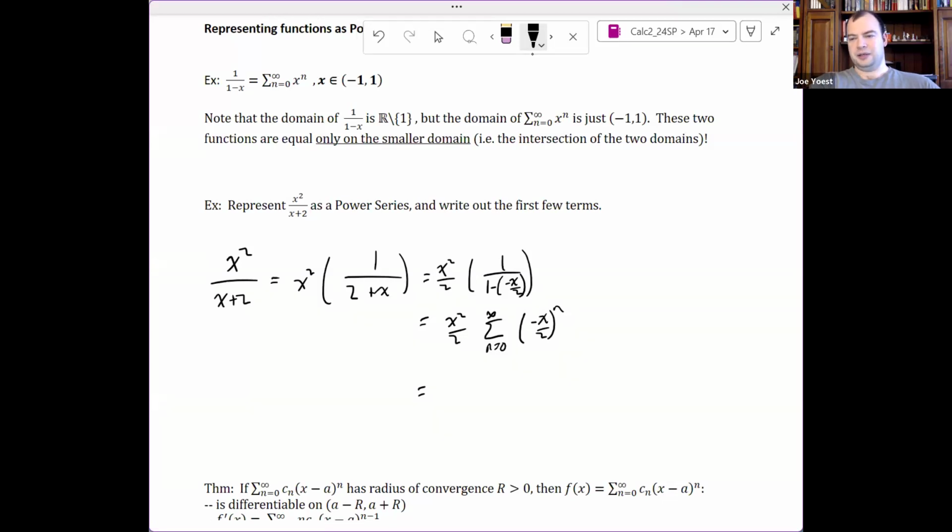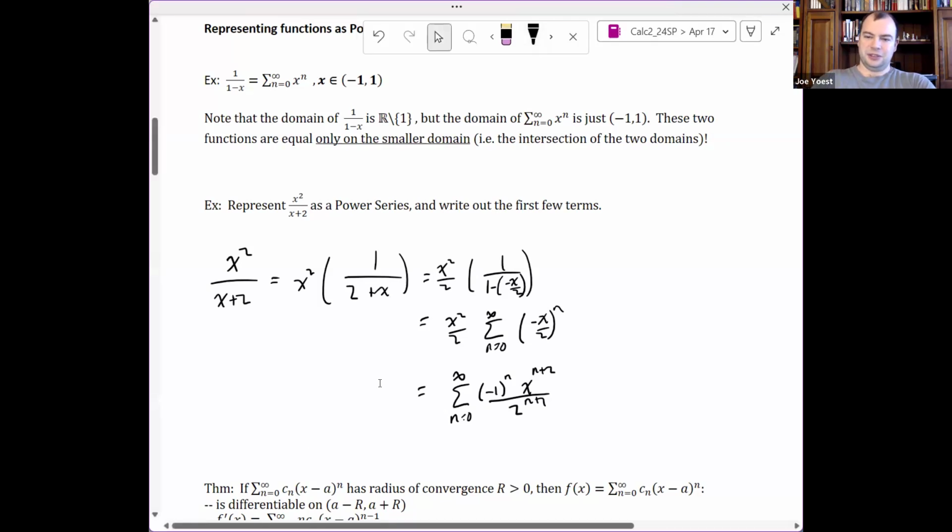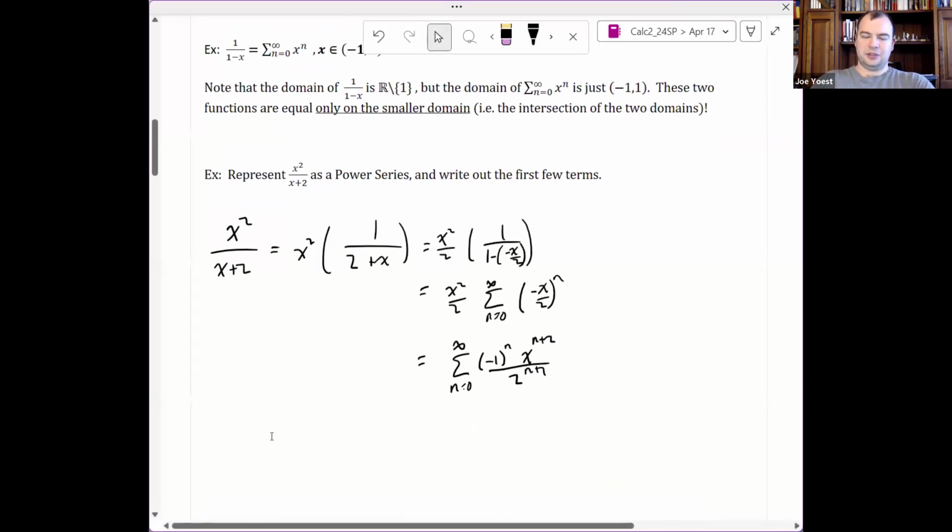And maybe I could write this as sum n equals 0 to infinity. So this negative x over 2 to the n is like negative 1 to the n, x to the n over 2 to the n. So that would be like negative 1 to the n, x to the n plus 2 over 2 to the n plus 1. So this would be a power series representation of this function, x squared over x plus 2.